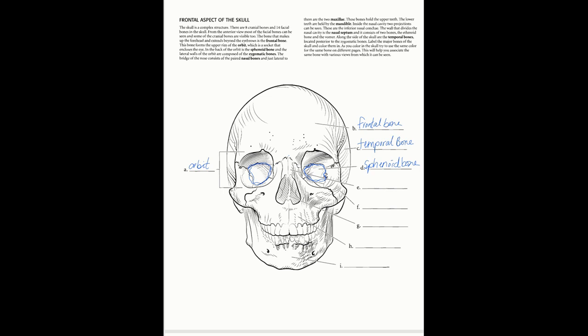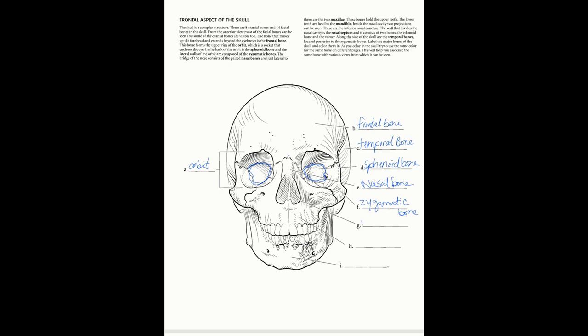E is going to be your nasal bone. So this is the bridge of your nose. F is pointing to the zygomatic bone. The zygomatic bone is your cheekbones.